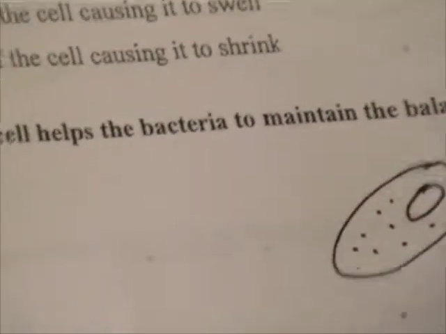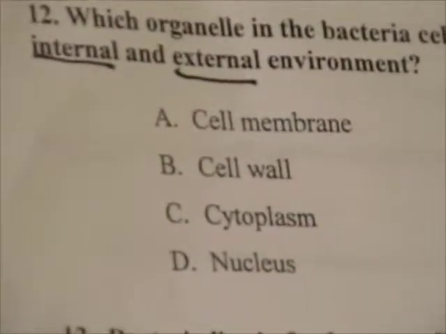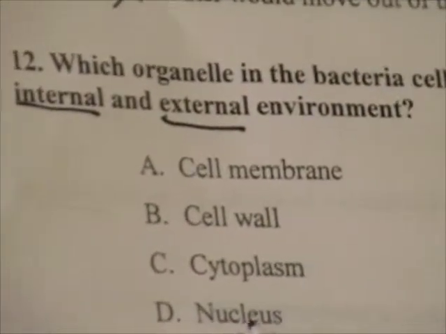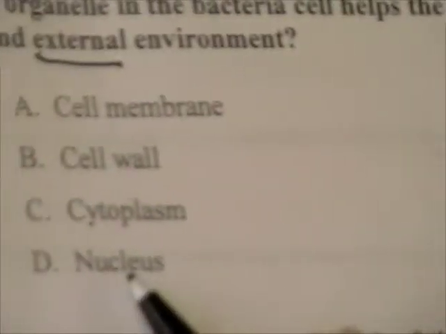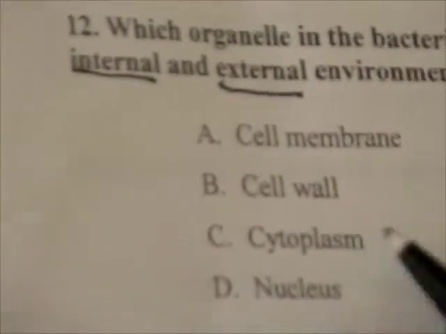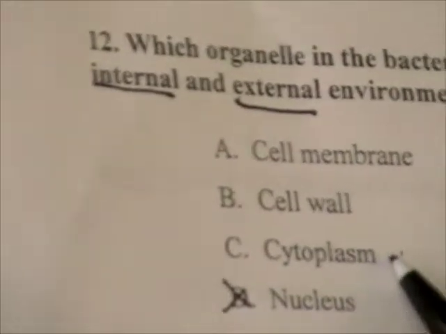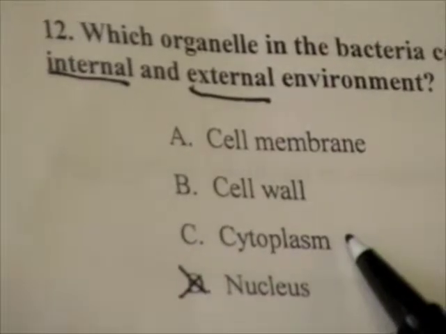Okay, let's go through these answers. I'm going to start with D because the nucleus has a membrane, but the nucleus is definitely inside the cell. A bacteria is a prokaryote. They don't have a nucleus, so this cannot be the answer. Cytoplasm, bacteria definitely have cytoplasm, and that's what's inside the cell.